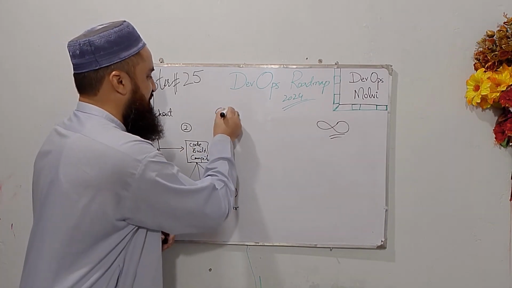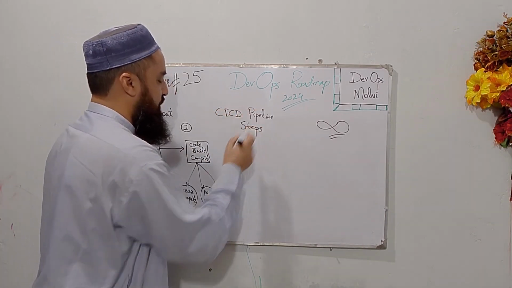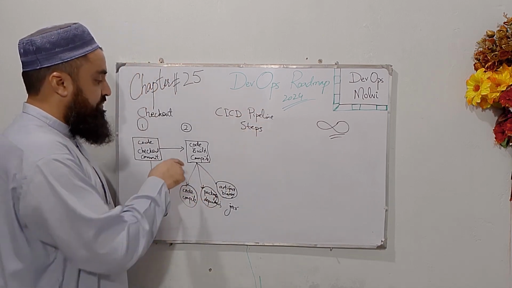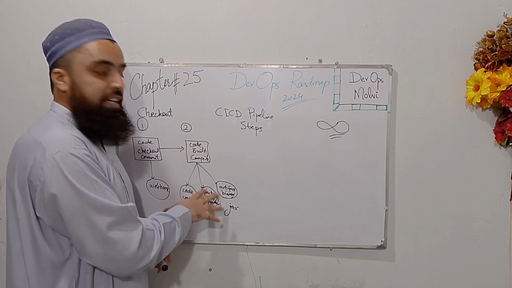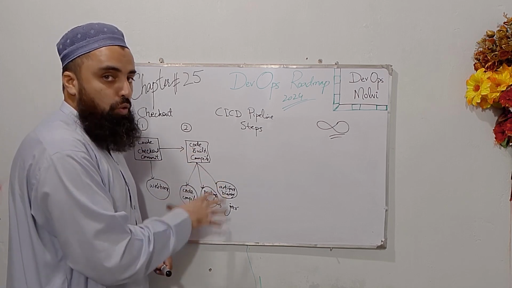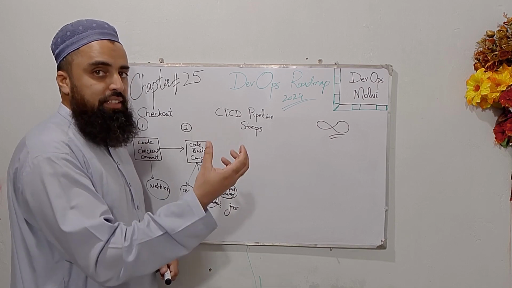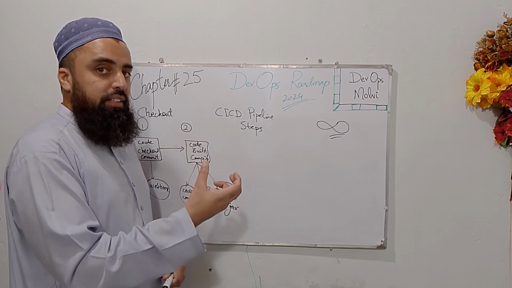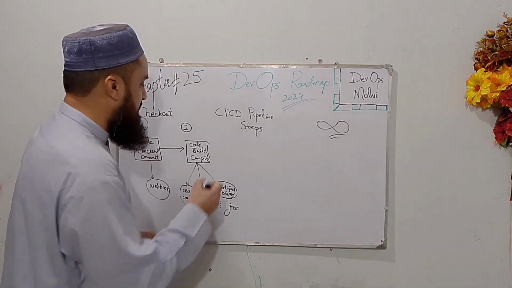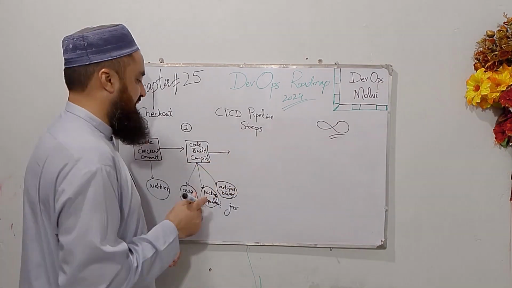Okay, so that is our second stage, and it is successfully completed. Code is compiled, dependencies are packaged, we get an artifact, we get a binary, and after that our pipeline moves to the third stage.